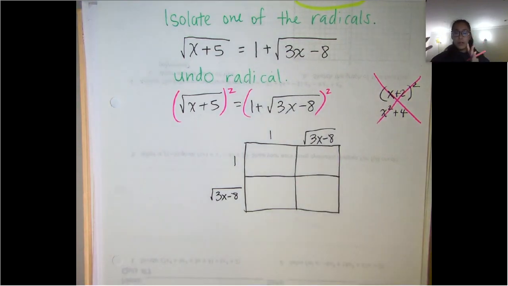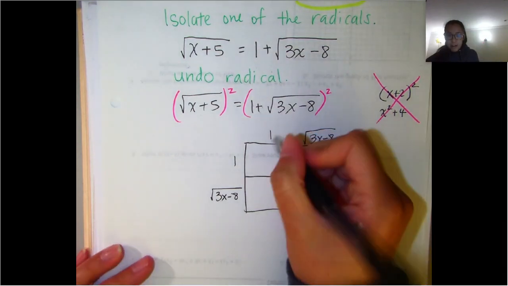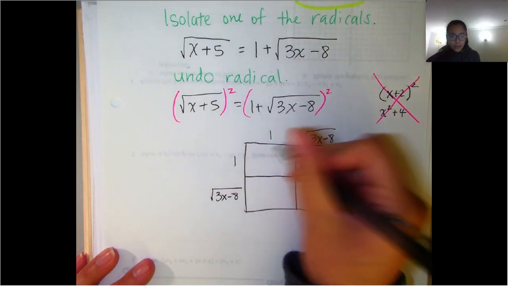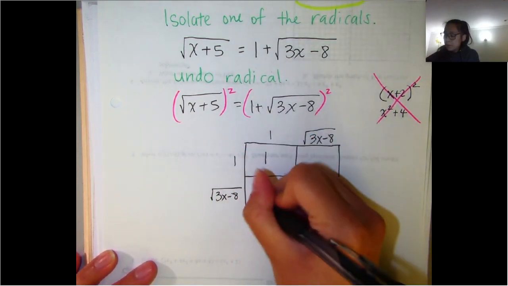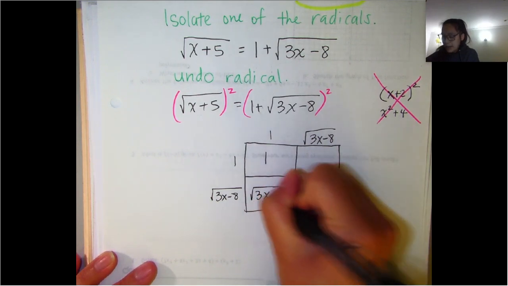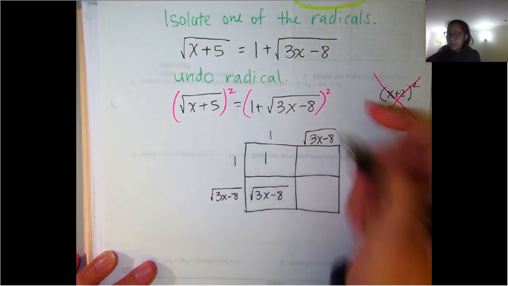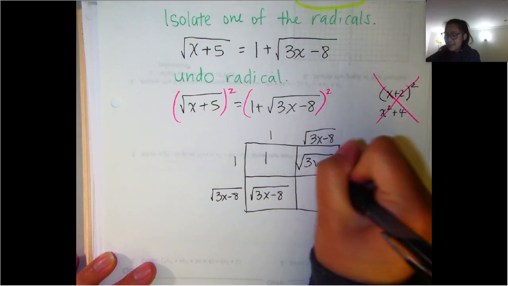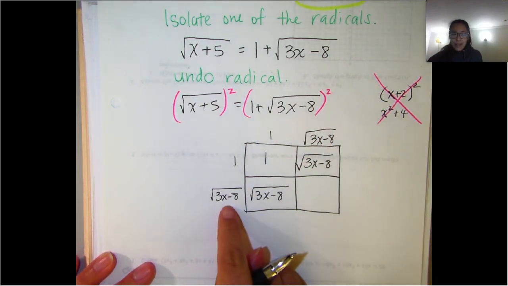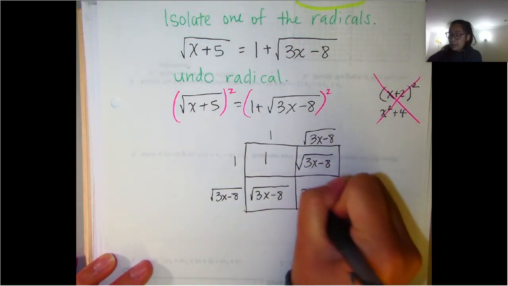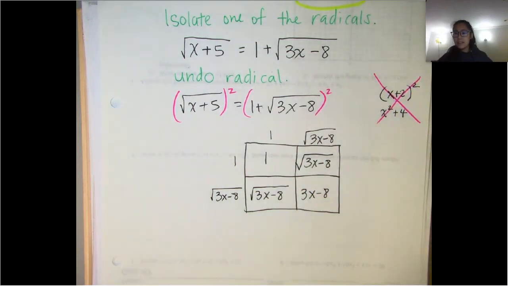Then we multiply it out, like our area model where you multiply each of the sides. 1 times 1 is 1. 1 times square root of 3x minus 8 is square root of 3x minus 8. 1 times square root of 3x minus 8 is still square root of 3x minus 8. And square root of 3x minus 8 times square root of 3x minus 8 is going to be 3x minus 8. Remember, if you take the square root of something and multiply it by the square root, you end up with itself. Like square root of 9 times square root of 9 is 9.